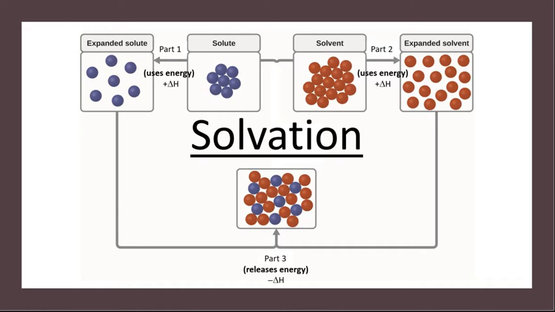Now you'll notice when we talk about the heat, the energy, it's from the perspective of the solution. So when it's using energy, it is taking it in to the solution. So it's increasing the amount of heat. The little triangle there just means a change. So the positive means it is going into the solution.